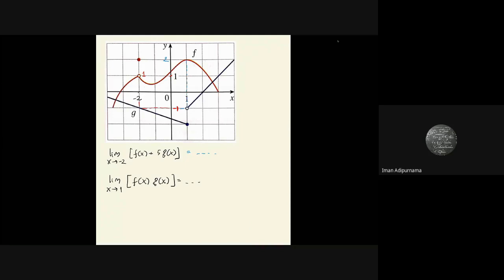But because g has 2 sides, if you approach from here and from here, this g doesn't exist, right? So the whole thing doesn't exist.